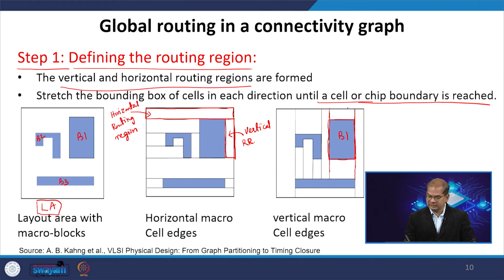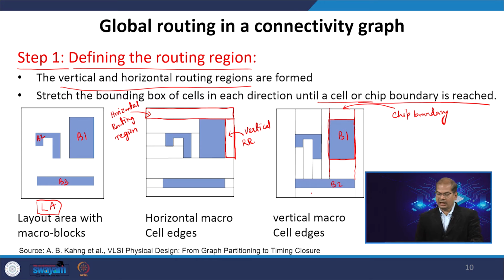This is the chip boundary. Either it will touch the chip boundary or a second cell, the second cell being B3 here, so it will stop here.